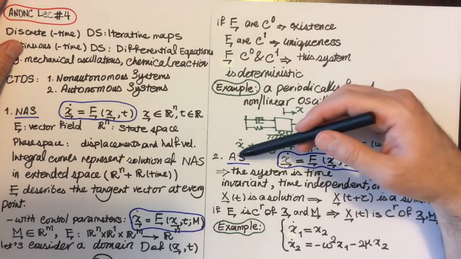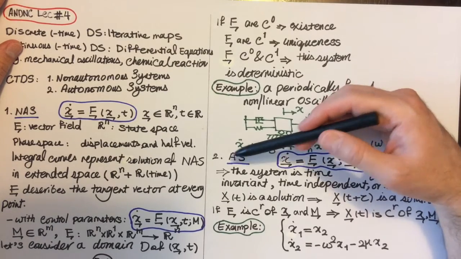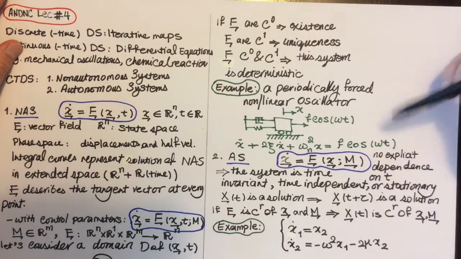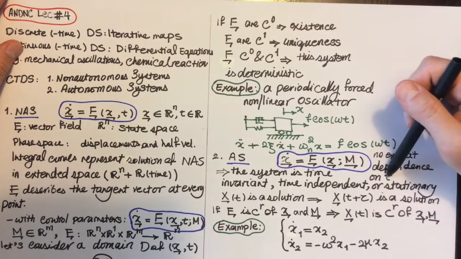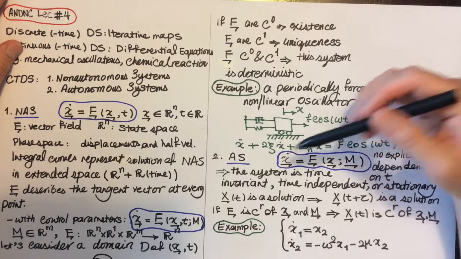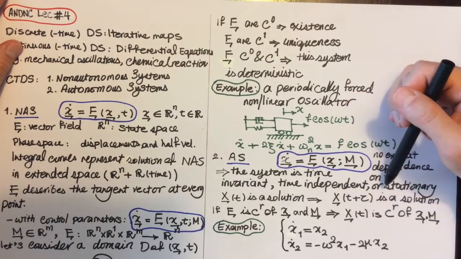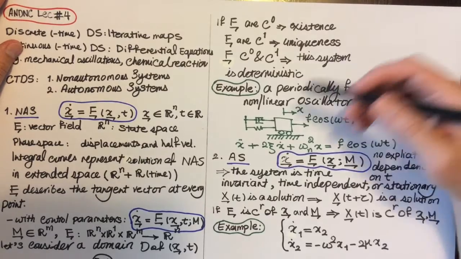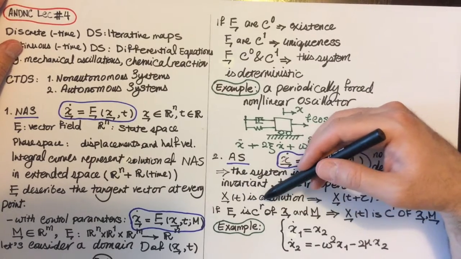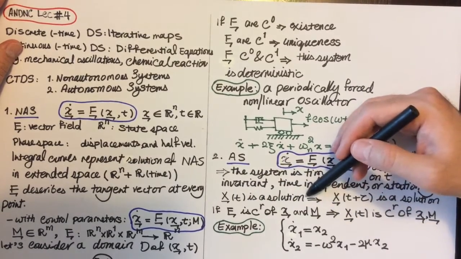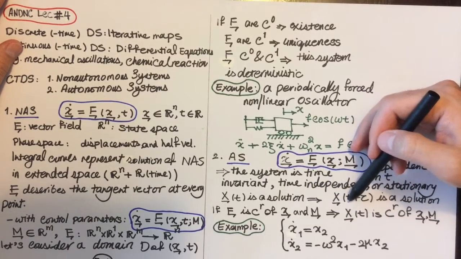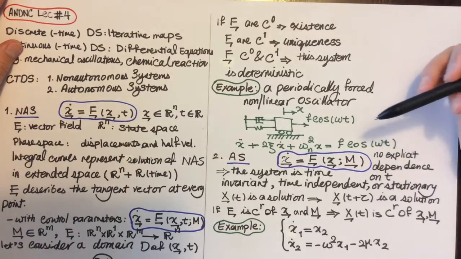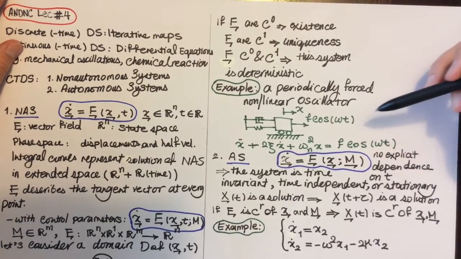And now autonomous systems, AS, is x dot equals f of x and m. There is no explicit dependence on time. In other words, the system is time invariant or time independent. It implies that if x(t) is a solution, then x at t plus tau is also a solution. Think about it for a moment why it's the case.